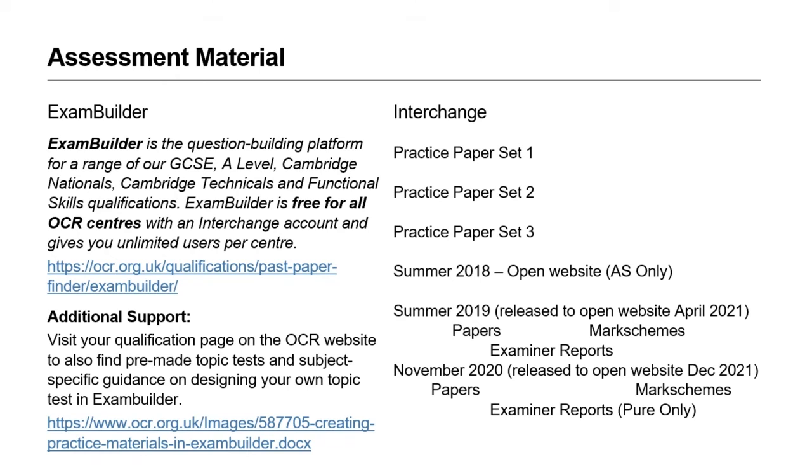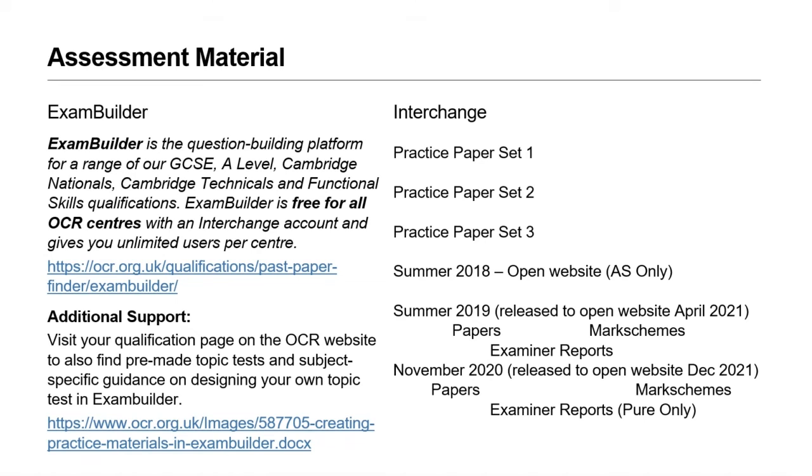The first is that the mark scheme may not be as detailed as the summer 2019 papers. So the practice papers, the mark scheme was written as the question papers were written, but the examiners have not had any feedback on those papers.